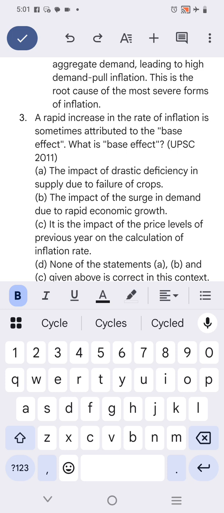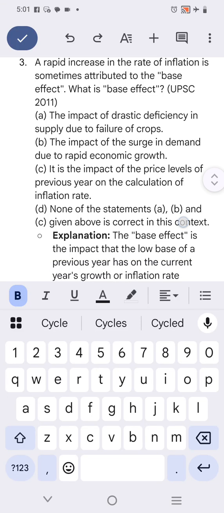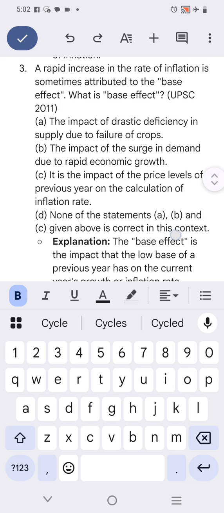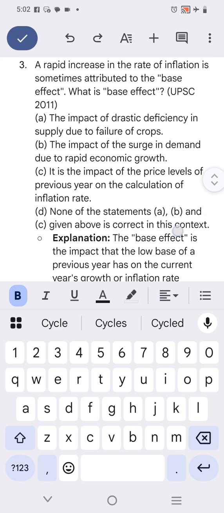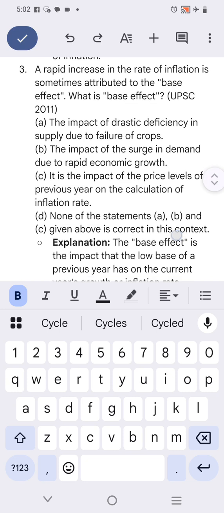It is not the impact of a drastic deficiency in supply due to crop failure, nor the surge in demand due to rapid economic growth. It is the impact of the price over the previous year on the calculation of the inflation rate. C is the right answer.